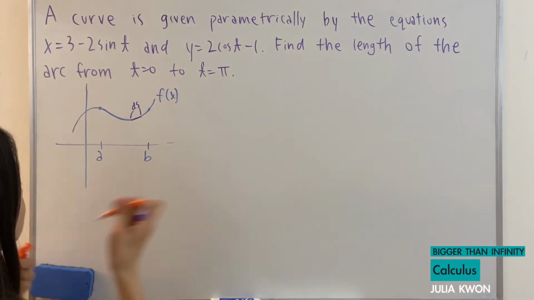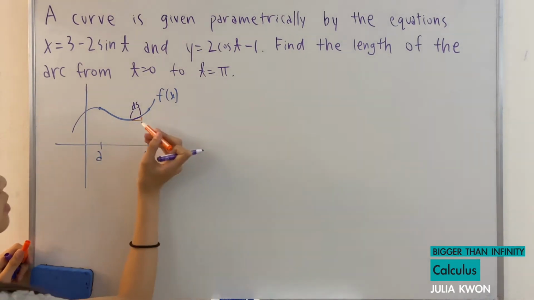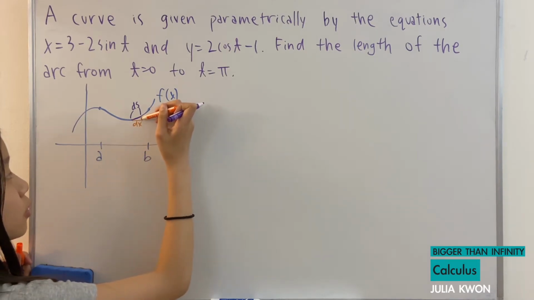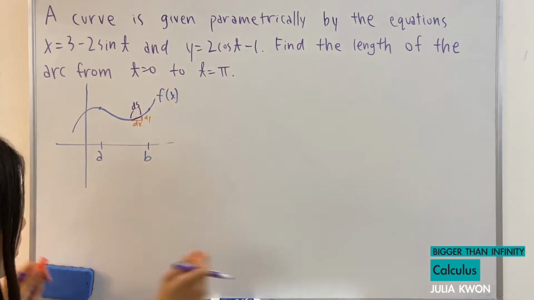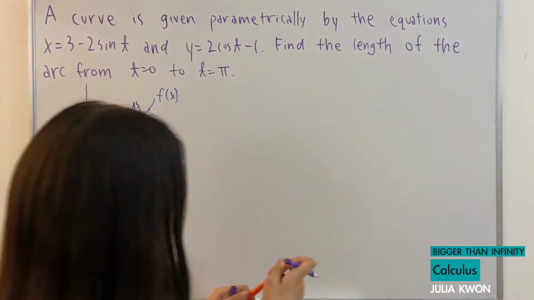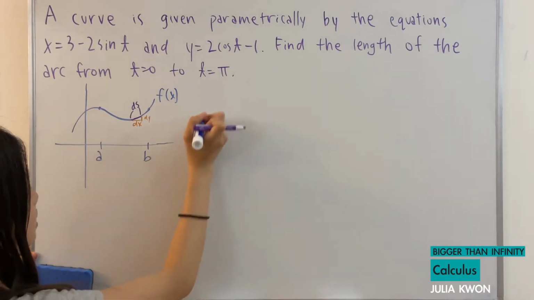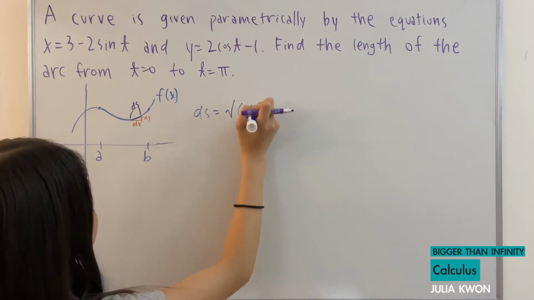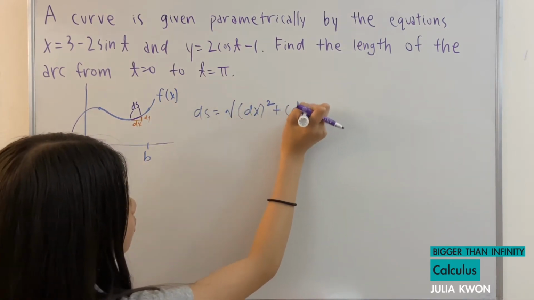And what is ds equal to? Well, the bottom orange line that I just drew, the length is dx, and this orange vertical line is dy, which, using that, we can determine that ds is equal to the square root of dx squared plus dy squared.